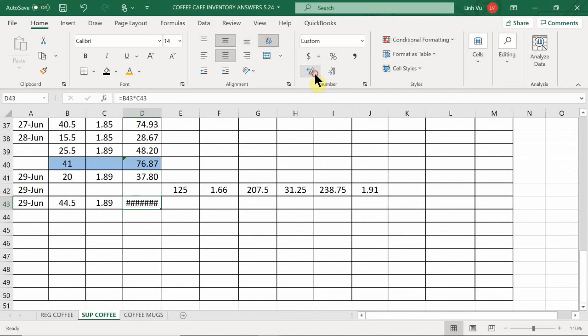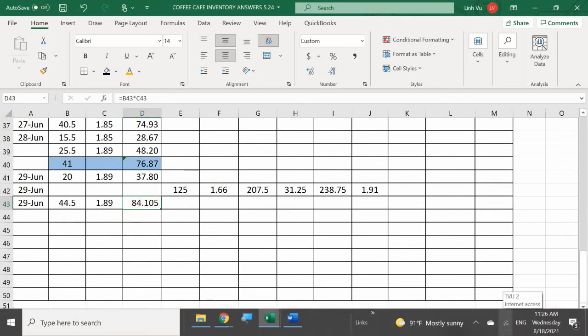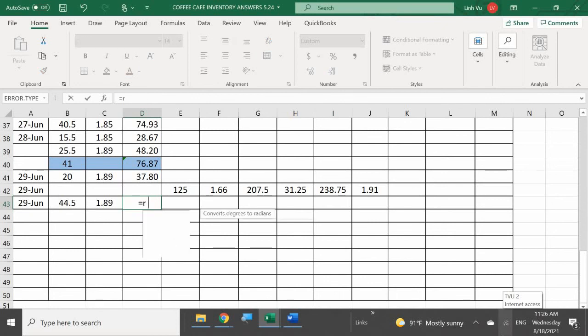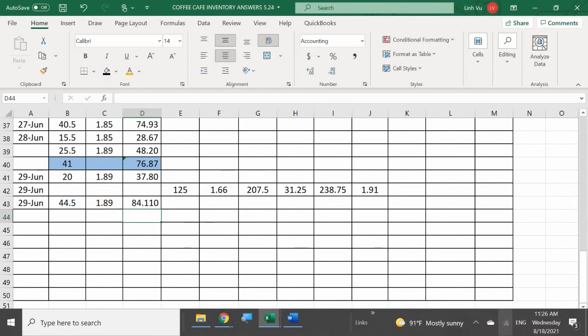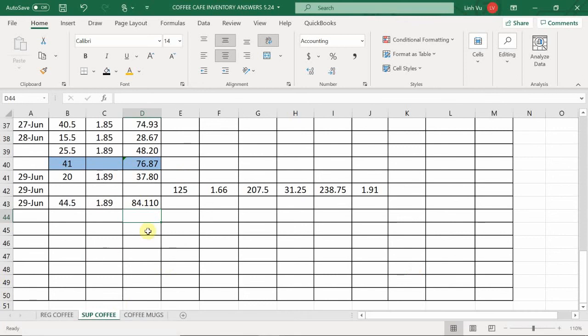Yeah, 84.10 and a half. You see that? It's 0.5. So this one rounded up, so then it made it look like it's 84 and 11 cents, when in reality, it's that because we rounded up because of that half of a penny.